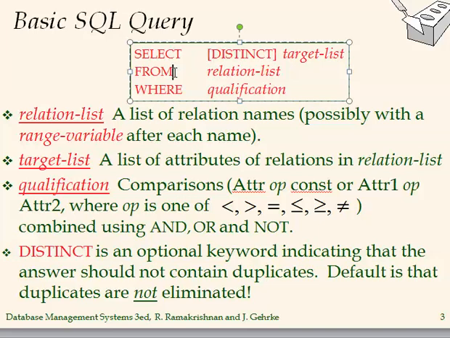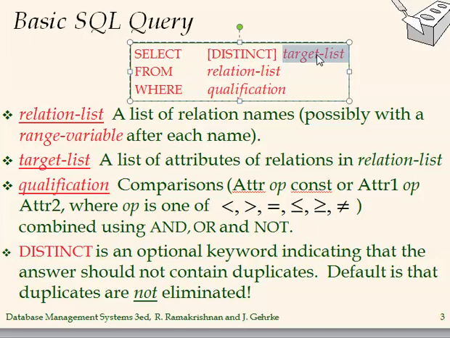Now, in the from, we have the relation list, which is the tables that we're going to need, and this is also similar to doing the Cartesian or cross product on those relations when we have more than one. Then the target list, which is the attributes that we want to see. This is similar to what we did in relational algebra with the pi, where we're listing the attributes.